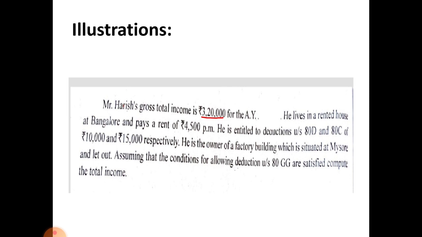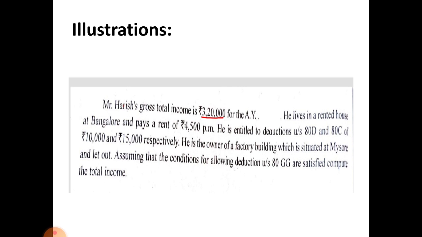On that amount, deduction is allowed. Here adjusted total income means gross total income minus any long term capital gain or short term capital gain, which you have to deduct.